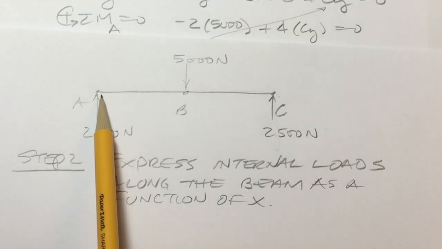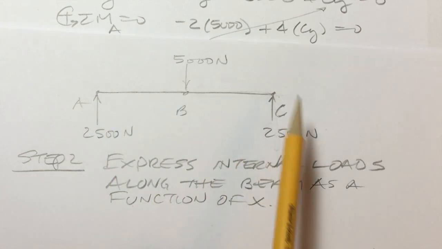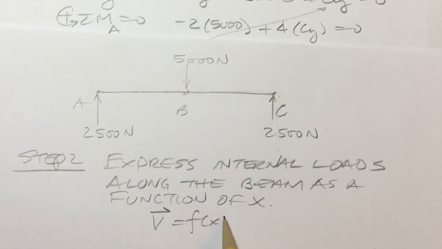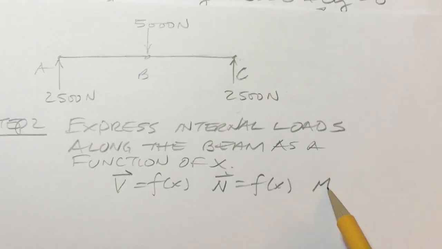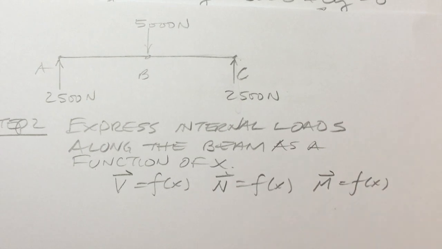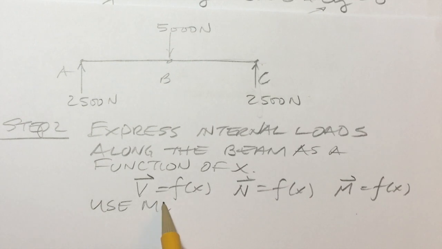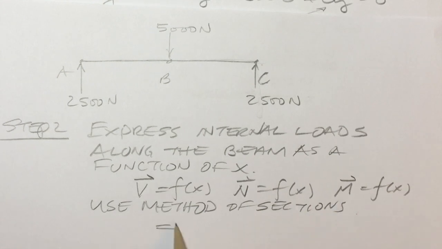We know that along the beam, there are internal loads, and it'll vary as it progresses over to the right. So we want to know shear force as a function of x, normal force as a function of x, and also moment as a function of x. In order to do this, we have to use the method of sections systematically.